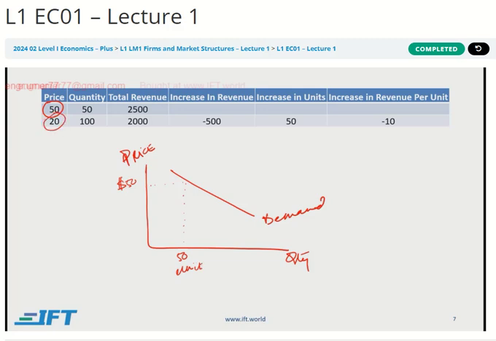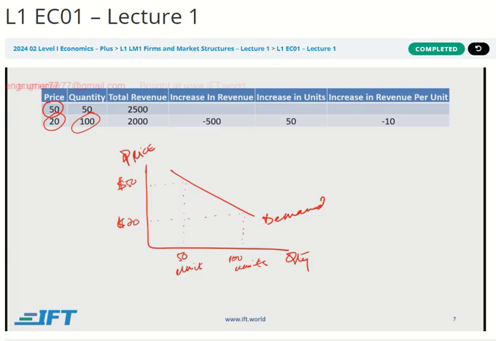Now if you want to increase your quantity to 100 units, the price needs to be reduced. So if you want to sell 100 units, you can, but the price has to be reduced to $20.